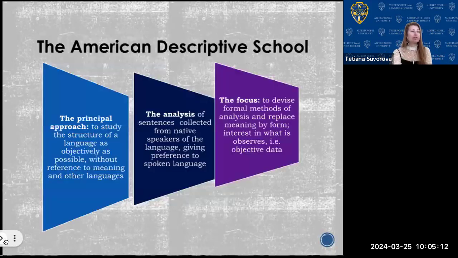So it's behaviorist theory, and general principles and approaches, and here the focus is on formal methods, and for that reason there were a lot of formal grammars launched in that period, and that gave birth to the artificial intelligence sciences.